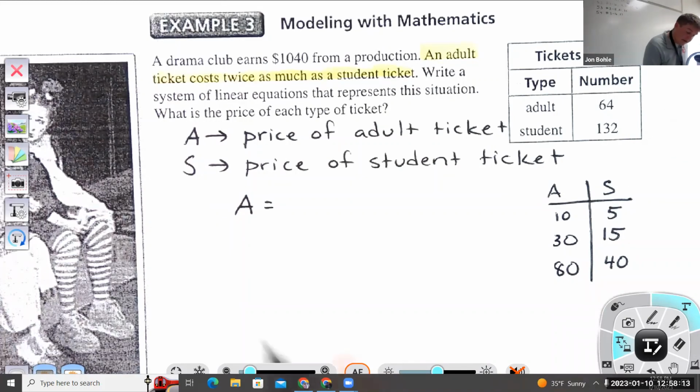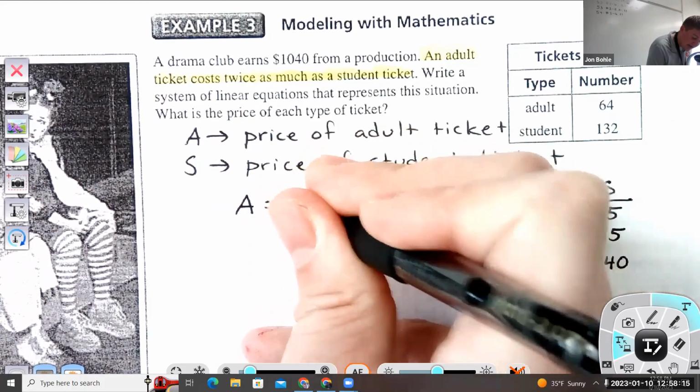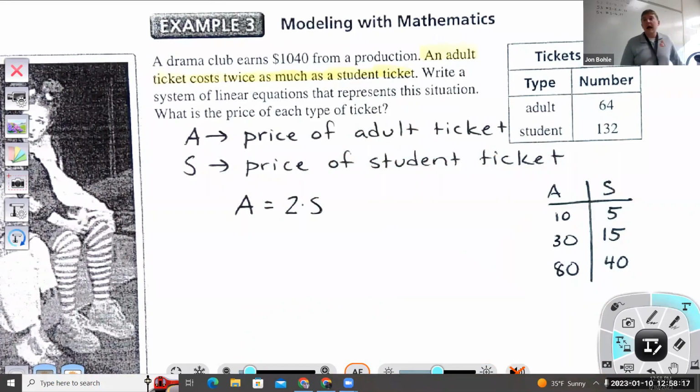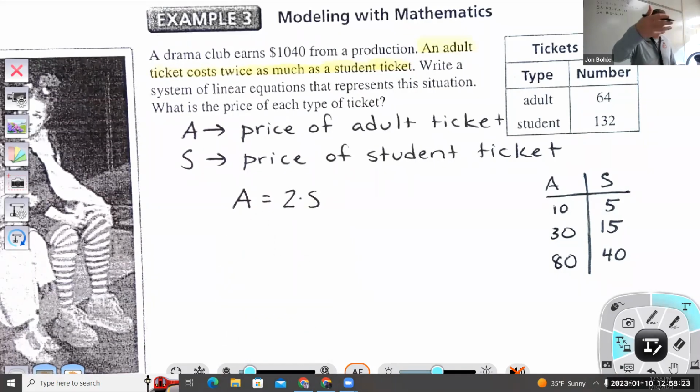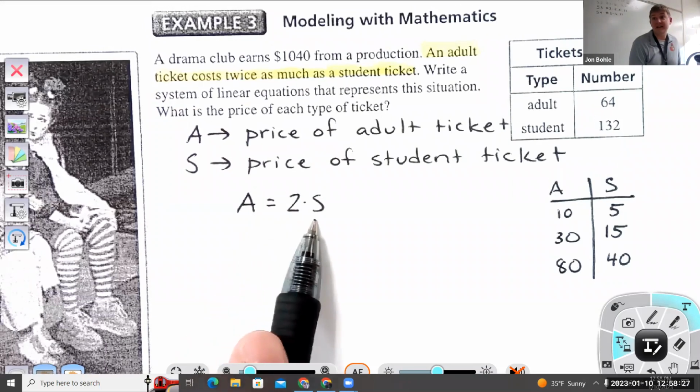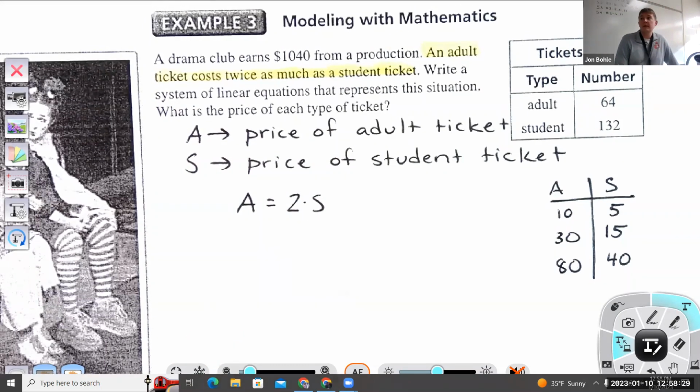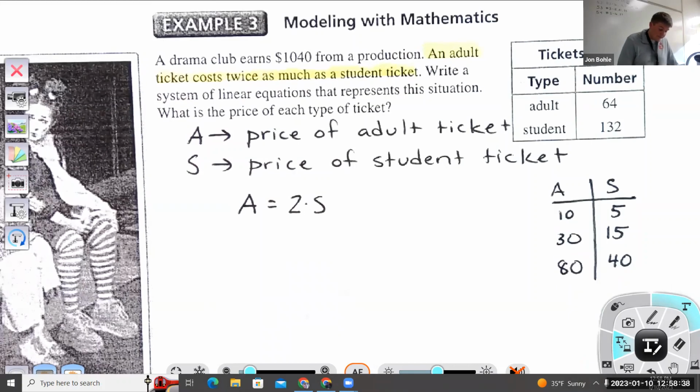Times it by 2. So my adult ticket is equal to 2 times S. And I think a lot of people would put the 2 with the A because they say the adult ticket's twice as much, but actually in the equation, you have to multiply the S in this situation by 2. Okay, do I have any questions about that? If you struggle to write that equation right away, just create yourself a little table.